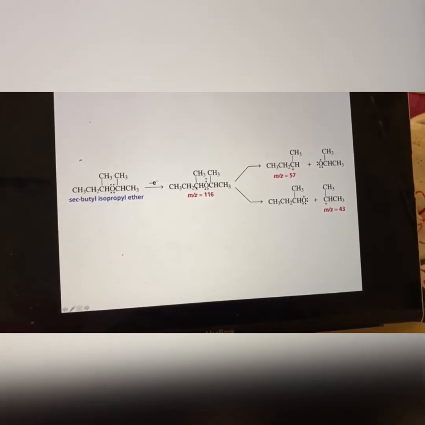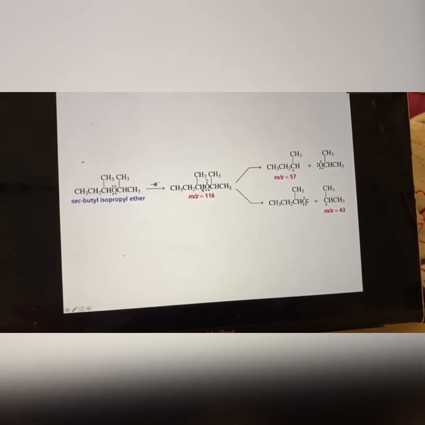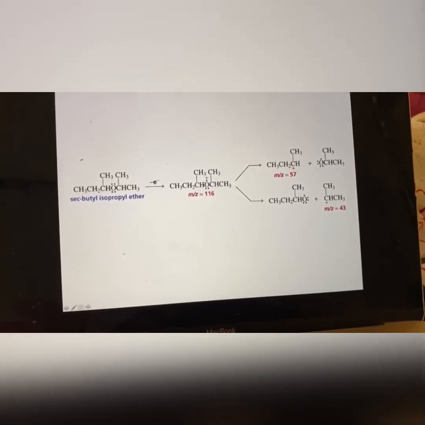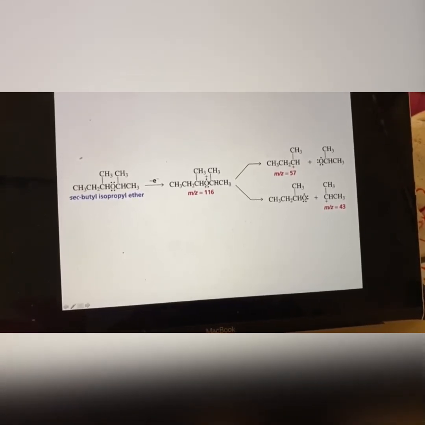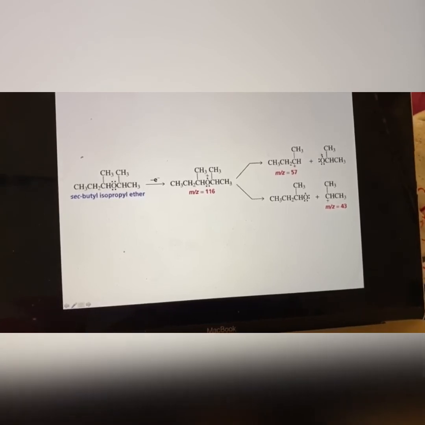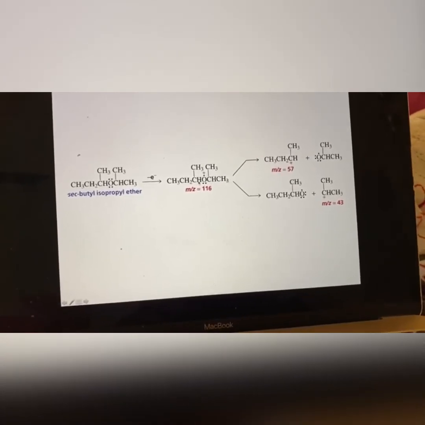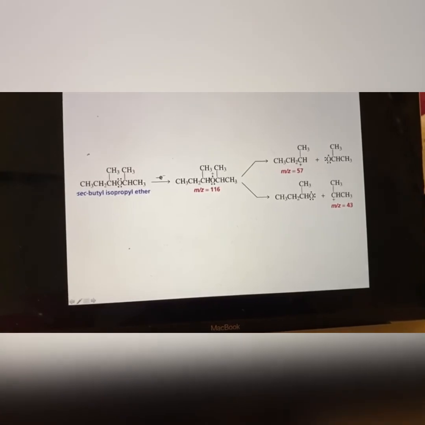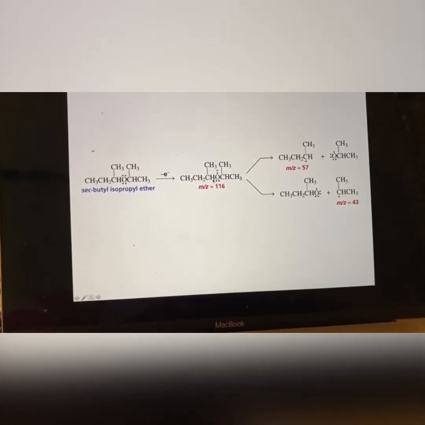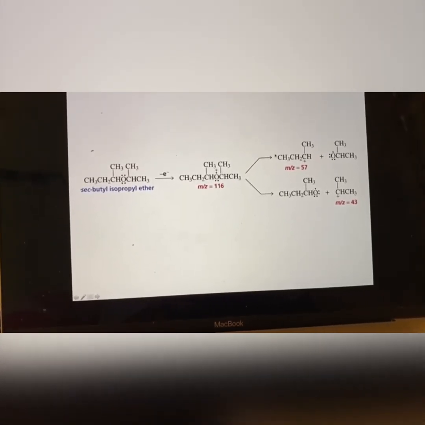There's a C-O bond here, and I'm going to take that C-O bond and push that electron onto oxygen. Notice oxygen right here only has 3 non-bonding electrons around it. Now it's gained 5. So if I break this bond heterolytically in that direction, I generate the carbocation, 57.